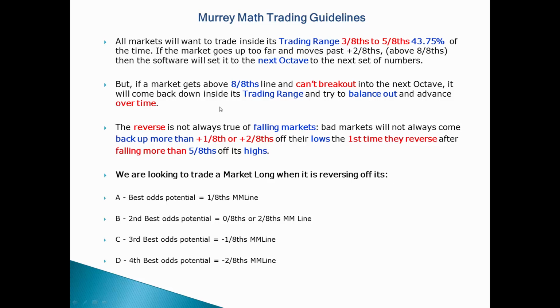Okay, so you picture a pullback, holds the 1/8, doesn't really blast down to the 0/8, right? And it holds a pullback off of that, and that usually offers a good potential where we can move to a 2/8 level or 2 line level. Second odds are the 0/8 or the 2/8 MM line.